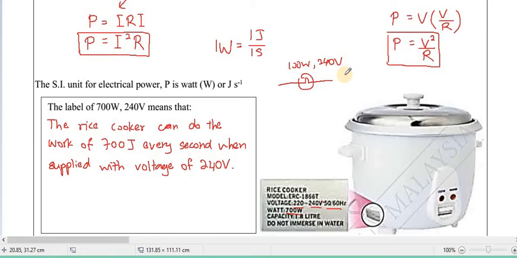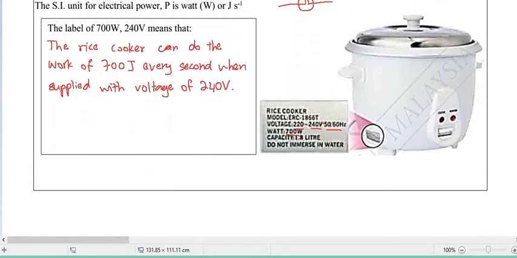It will function at less than 100 watt. If it gets more than 240 volt, then the power will be more than 100 watt, and most probably the bulb will be damaged. Because if the power is too high, too much energy goes to the bulb, so maybe the bulb will burn. Understand? Okay, any question?